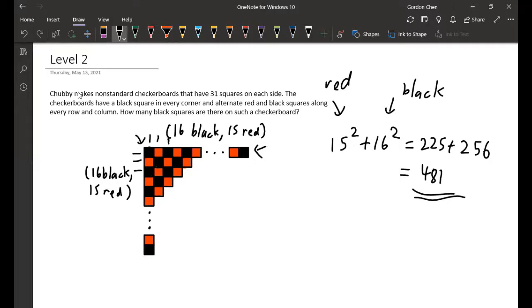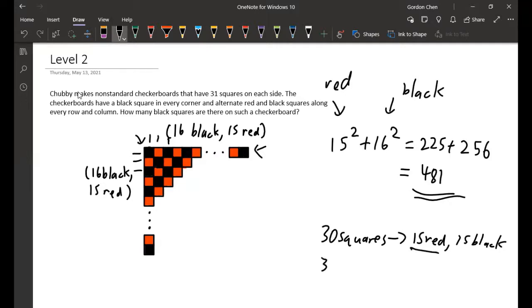So we have that the start and the end is black, so we have 16 blacks and 15 reds. One way to know this is say that you have 30 squares, and that would just be 15 red and 15 black. Well, that's ignoring the black square in both corners. So we say that the left corner is black, which means that in this case the right corner would be red.